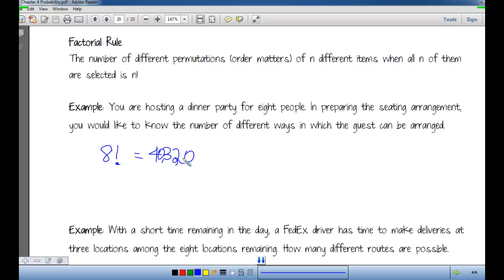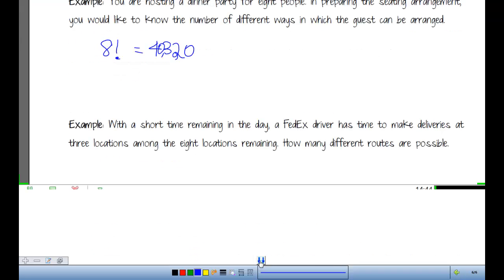Here we have a FedEx driver. He has time to make deliveries at 3 locations among the 8 locations remaining. How many different routes are possible? Does this meet the criteria of factorial? No, why not? Well, in this case, we're asking how many different routes.